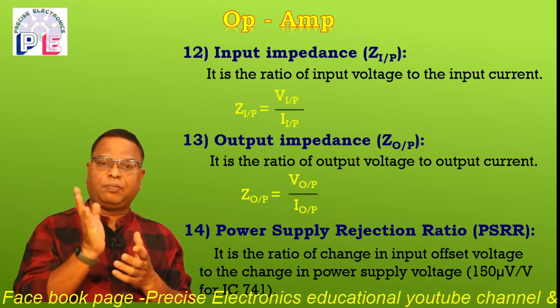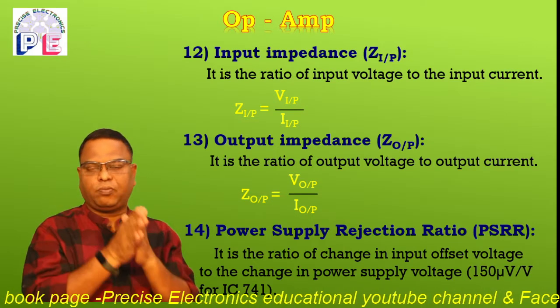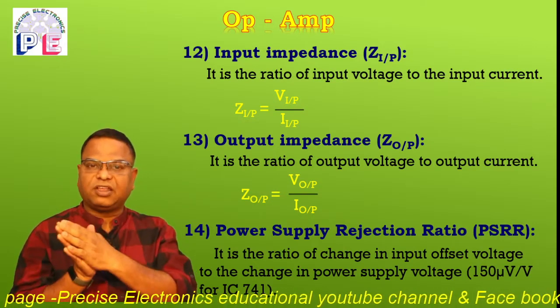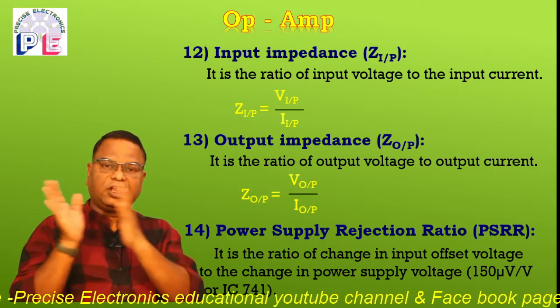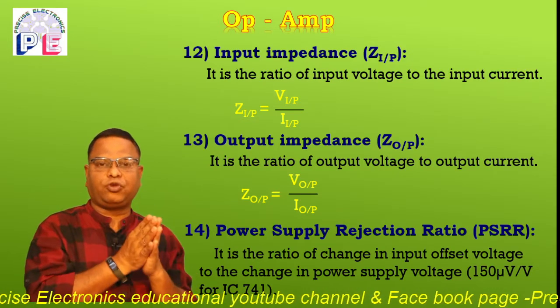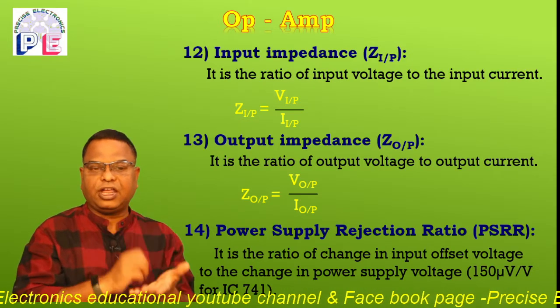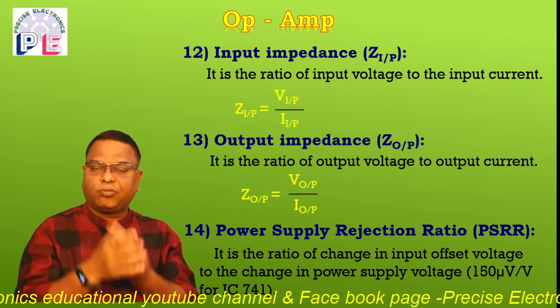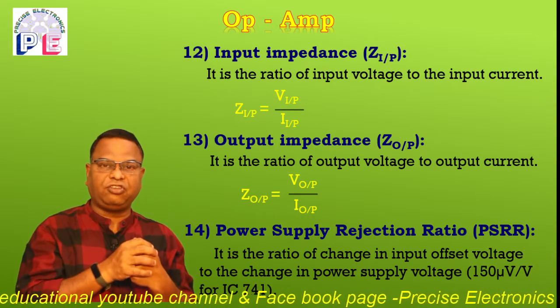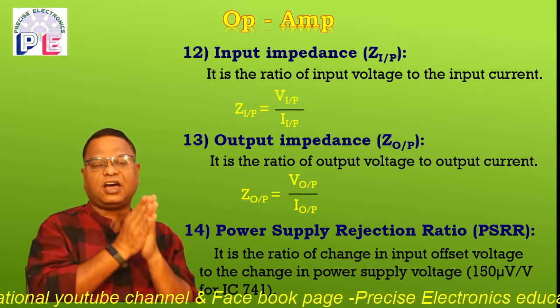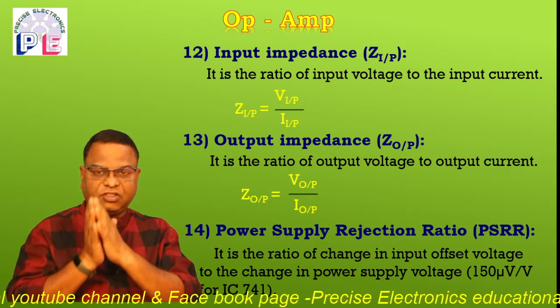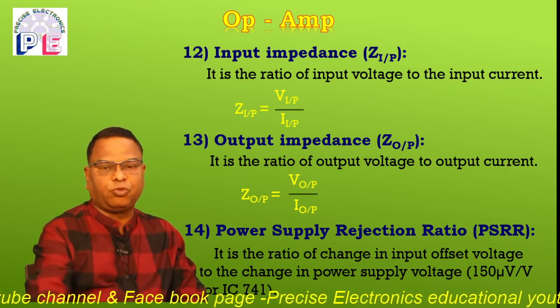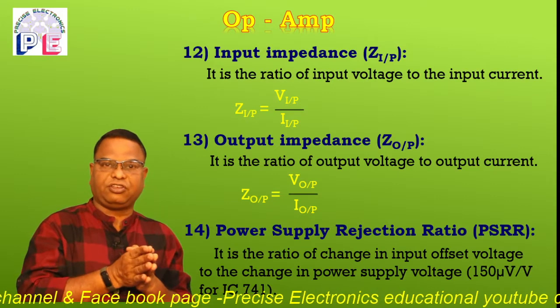The power supply is mostly plus minus 12 volt, and its range is plus minus 10 volt to plus minus 18 volt. If the power supply voltage fluctuates, the ratio of the change in input offset voltage to the change in power supply voltage is known as PSRR.